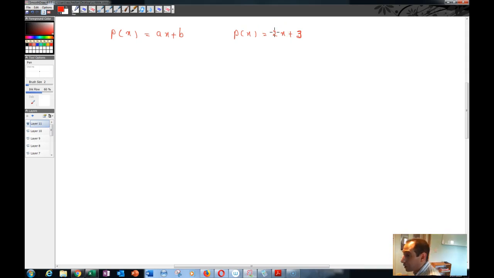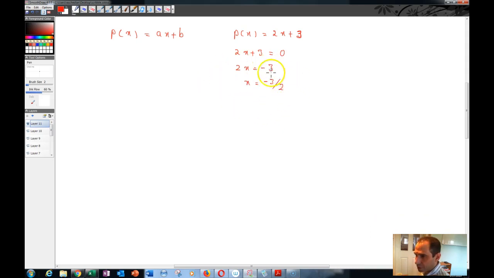Okay, and you can find the zero by setting the polynomial equal to 0, and then finding the value of x for which the output of the polynomial is equal to 0. That means that if 2x plus 3 is equal to 0, then 2x is equal to negative 3 and x is equal to negative 3 by 2.